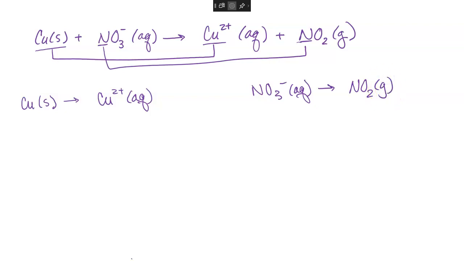Okay, so we can do them simultaneously, I guess. Our first step is to balance all atoms except oxygen and hydrogen first, using coefficients. In the copper half reaction, do I need to balance them? No, I have one of each. In the nitrogen half reaction, do I need to balance nitrogen? No, I have one of each.